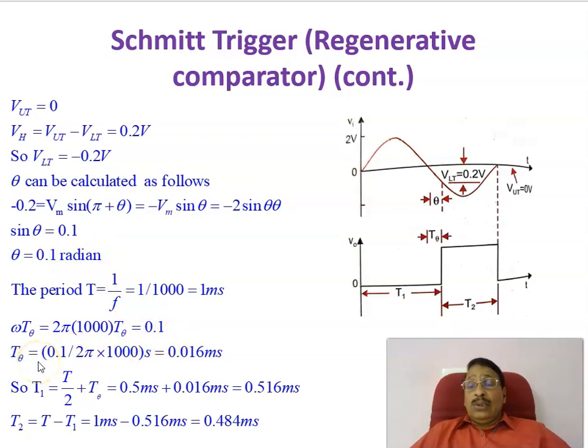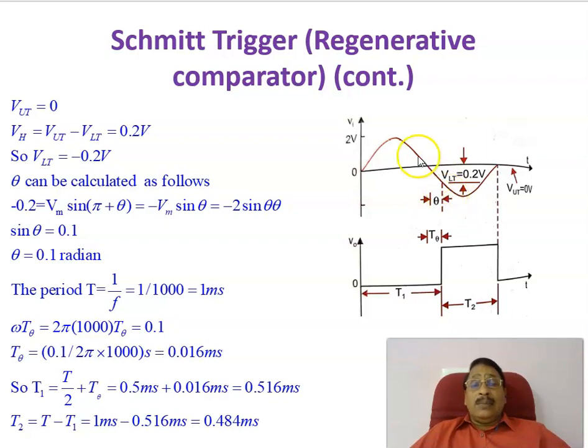Since sin theta equals 0.1, theta equals 0.1 radians, so omega t theta equals 0.1. From this equation you can calculate t theta, converting it into the corresponding time, and you will get 0.016 milliseconds. That is, from here to here it is 0.016 milliseconds.